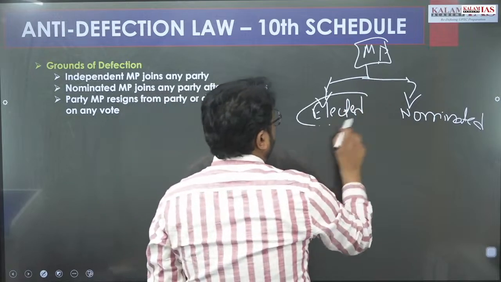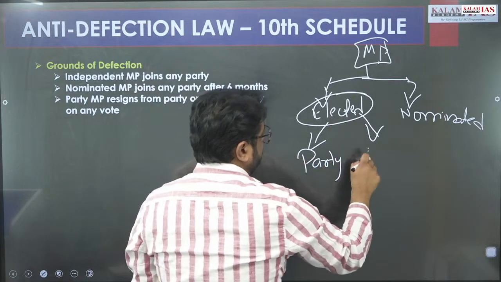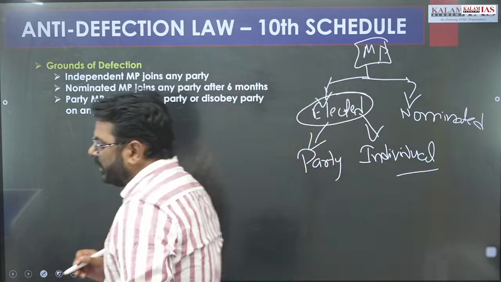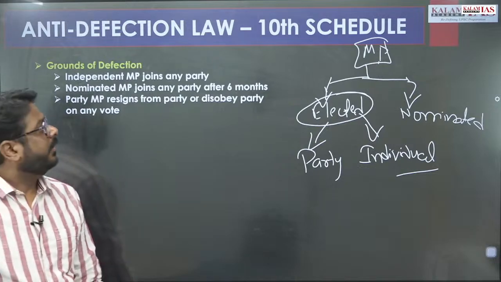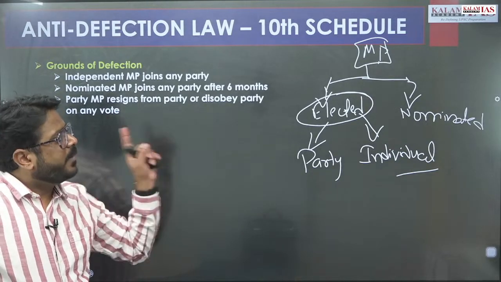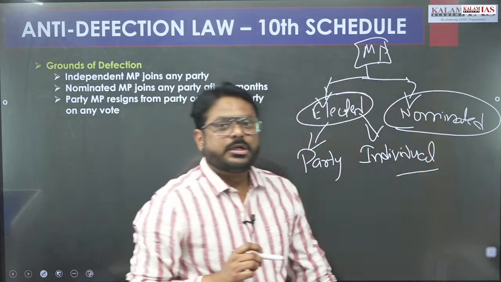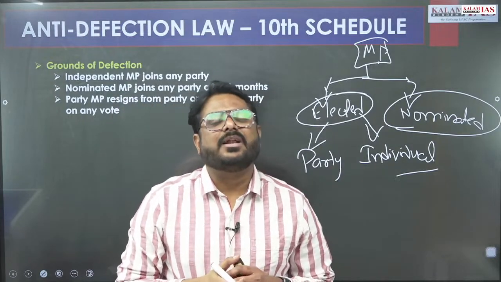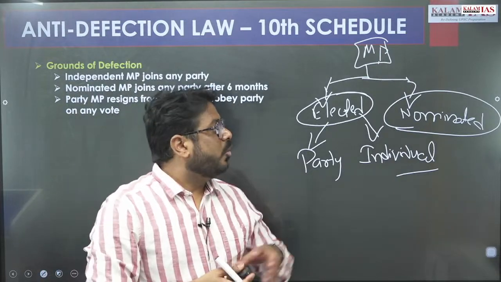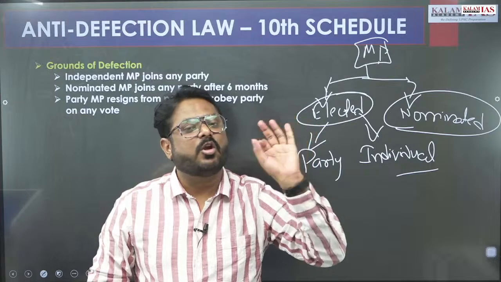राइट? अगर इलेक्टेड है तो उसमें किसी पार्टी का होगा या कोई इंडिविजुअल लड़ा होगा इलेक्शन. यही तरीका है टू बिकम द मेंबर ऑफ दिस पार्लियामेंट, इजंट इट? तो अगर कोई मेंबर ऑफ पार्लियामेंट बनता है एंड दैट पर्सन इज नॉमिनेटेड, so that person will get some kind of liberty that if within the 6 months that nominated person joins any political party, that person will not be disqualified.